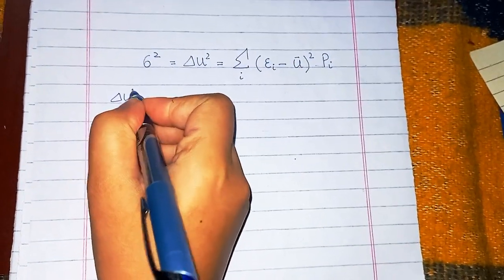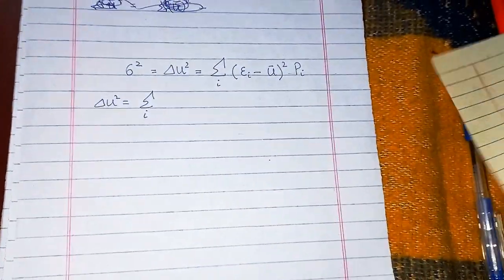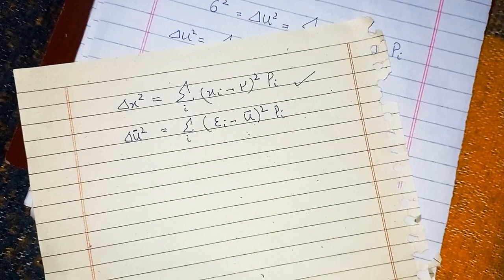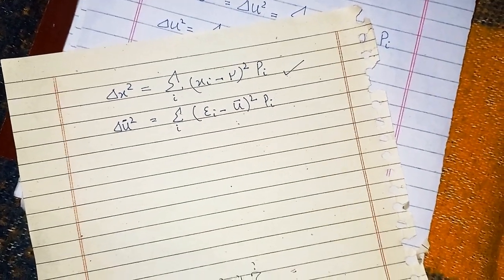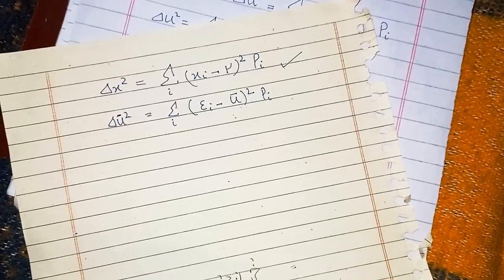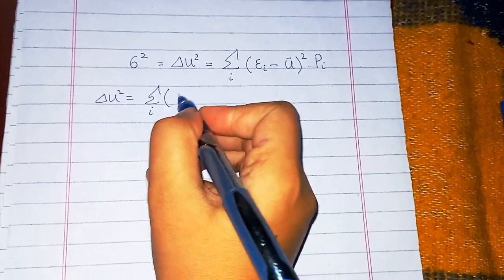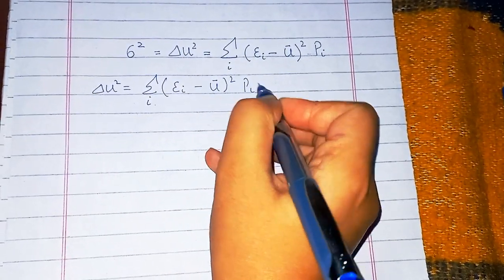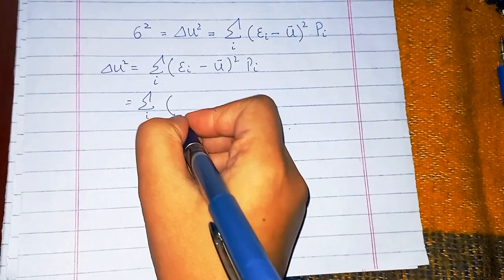So delta u squared equals summation over i. You should remember this formula, and if you remember it, you can adjust it to find the required values for standard deviation for whatever variable is involved. So summation i of (ei minus u bar) whole square times pi, and let's open the square here.